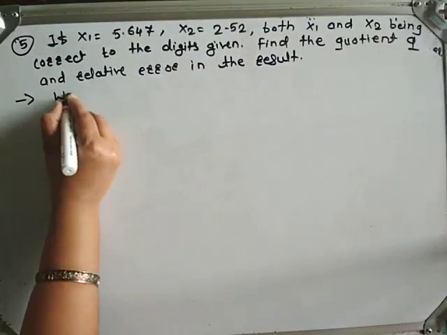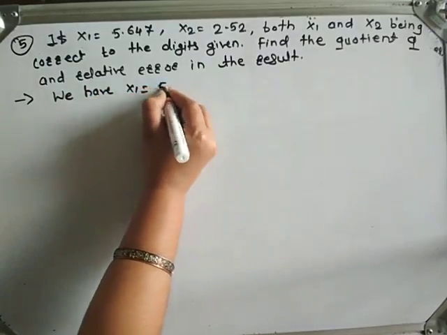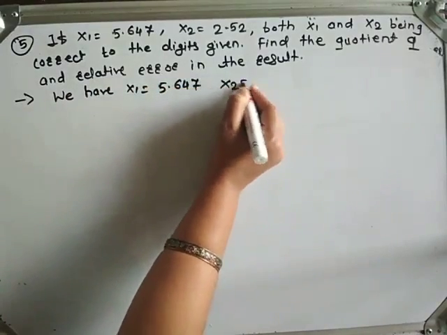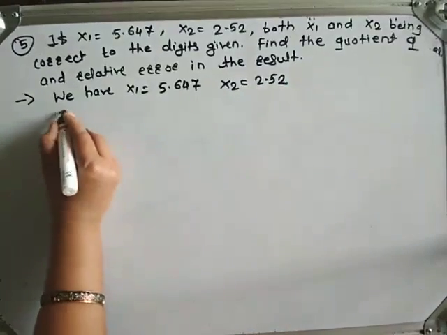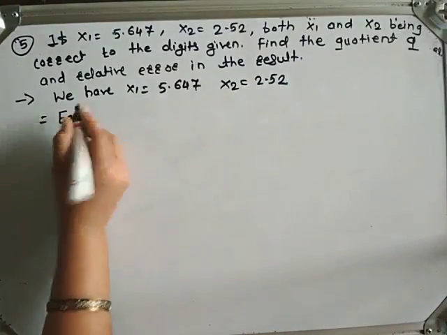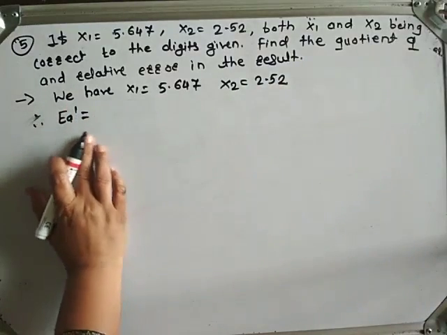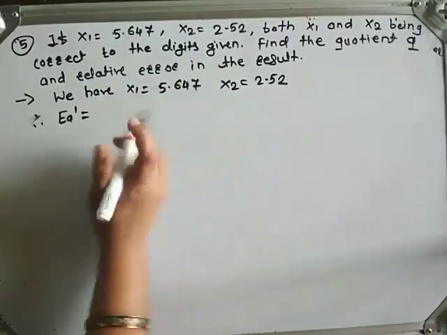We have already been given x1. x1 is 5.647 and x2 is 2.52. Therefore EA1 means the absolute error in x1. This number is rounded to 3 decimal places.